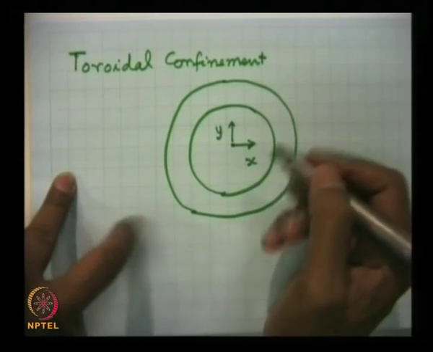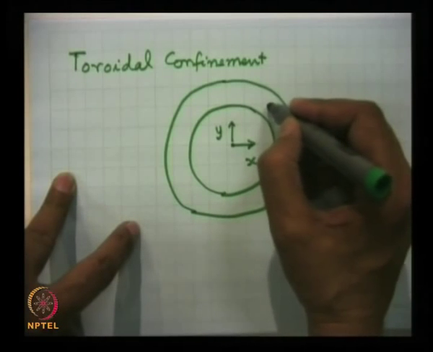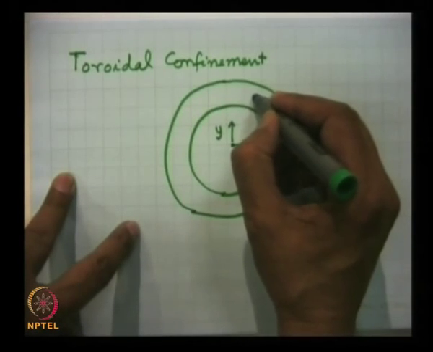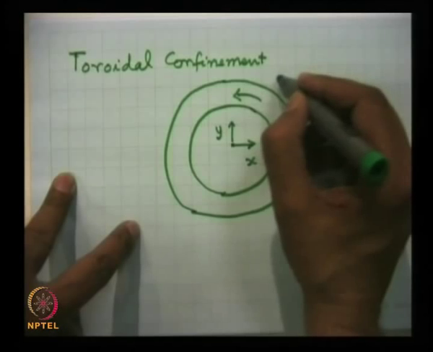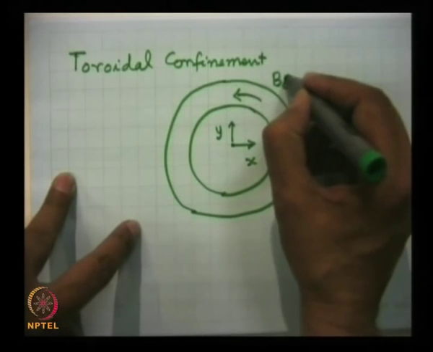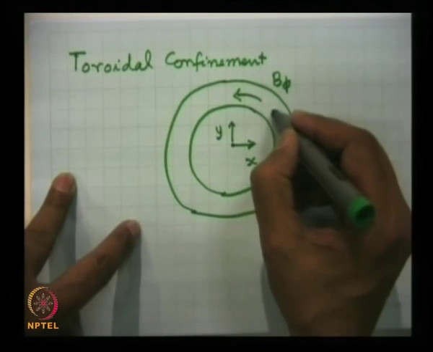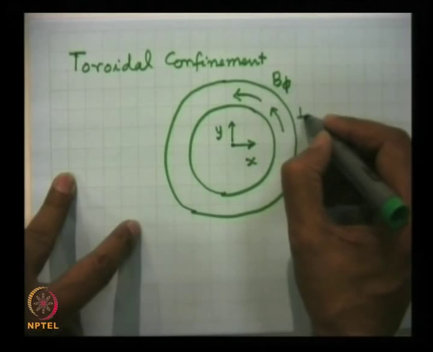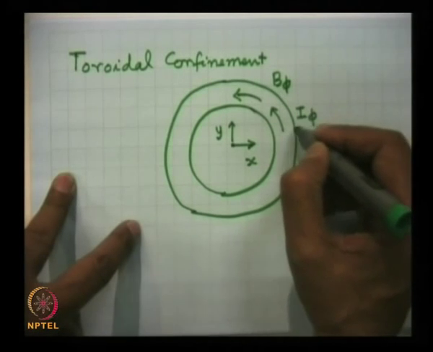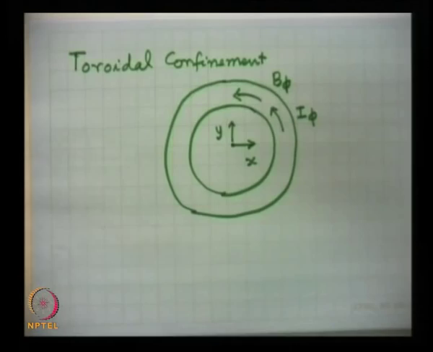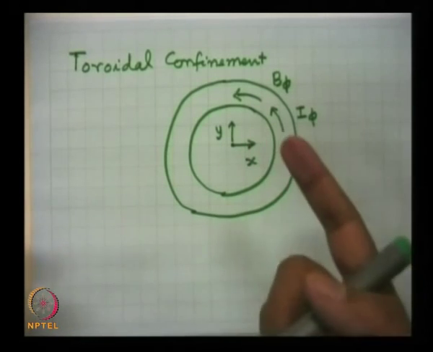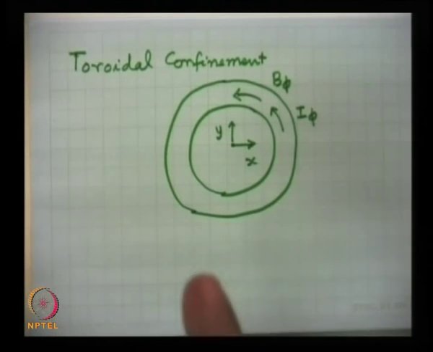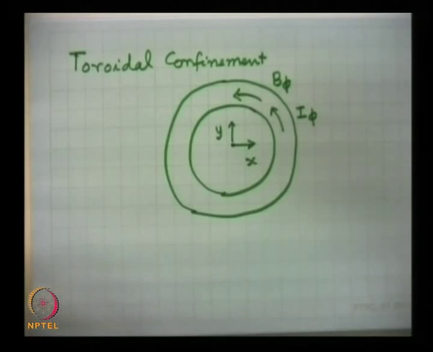So, what you will have is a plasma which has a toroidal magnetic field B phi, and it also has a toroidal current I phi. I phi is not uniform. I do not know what kind of variation I phi should have to have an optimum confinement.